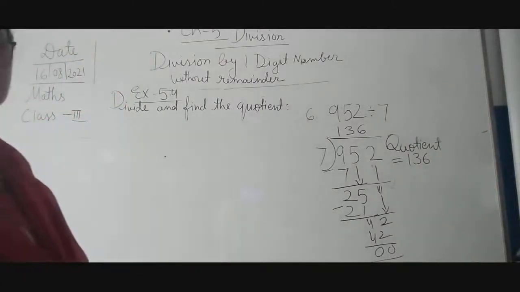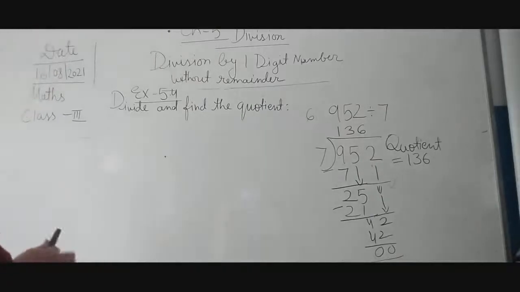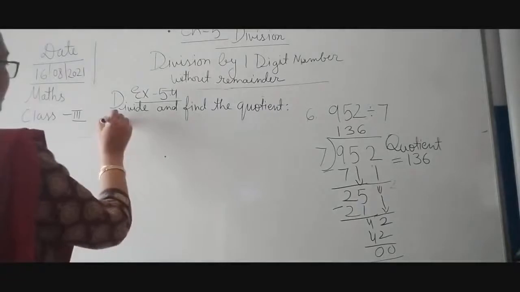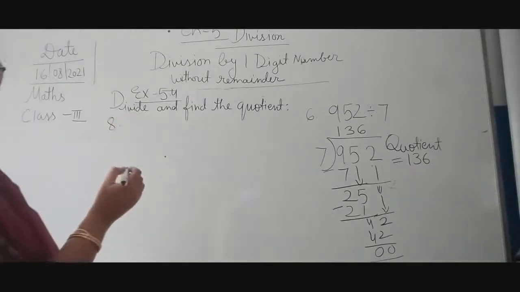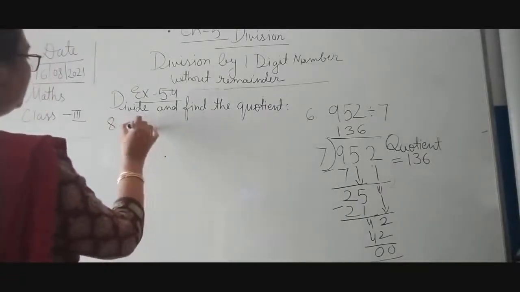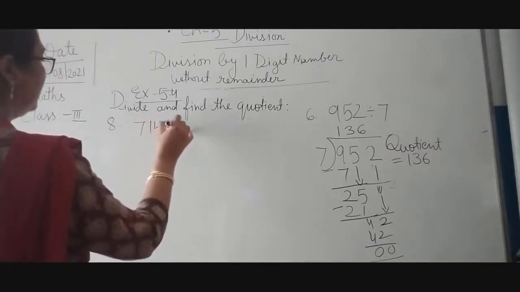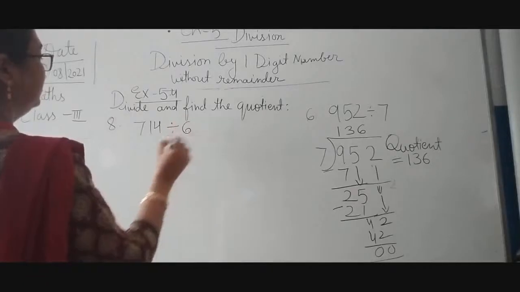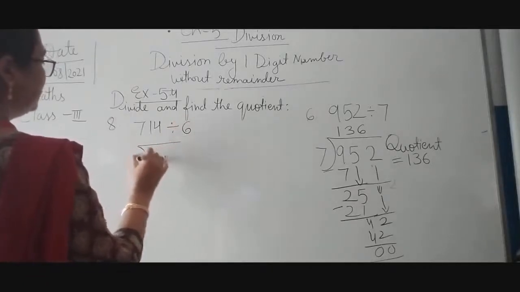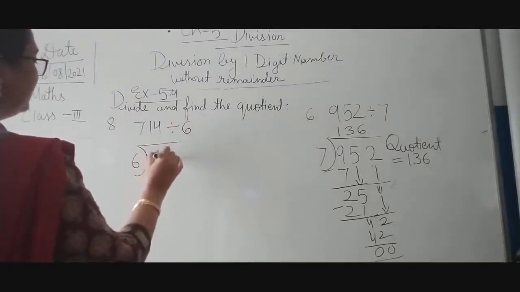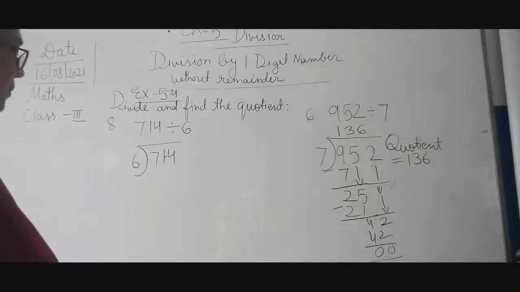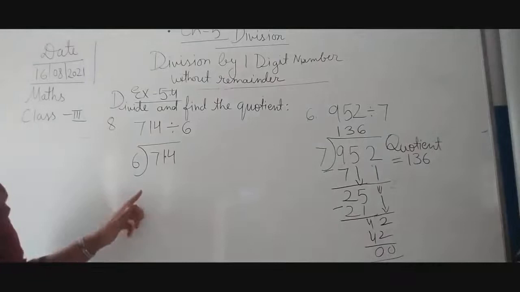Number 8, the question is 714 divided by 6, children. Okay. So children, first we will see how many times we tell the table.